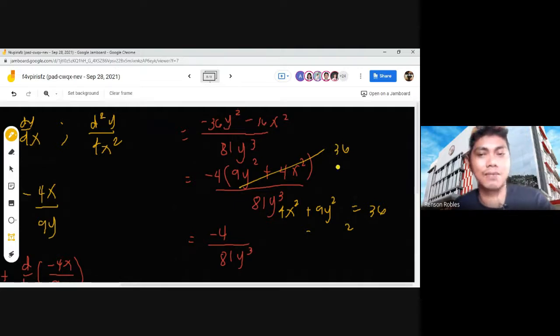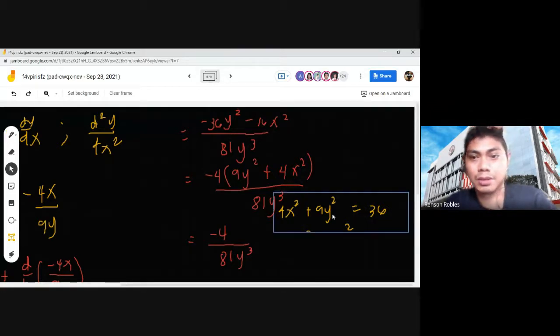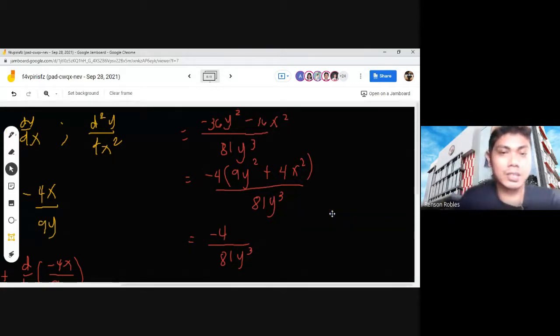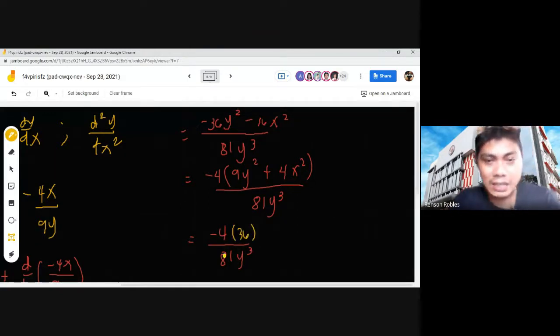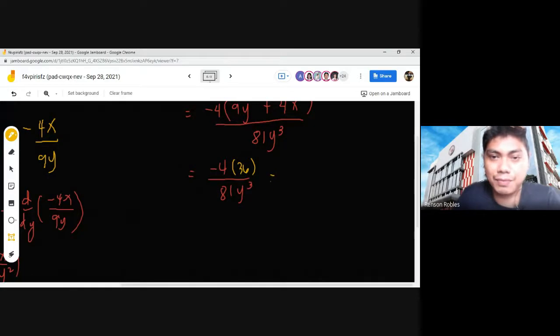So that's negative 4 times 36. That 9y squared plus 4x squared can be written as 36. And finally, you will have d squared y over dx squared, right?